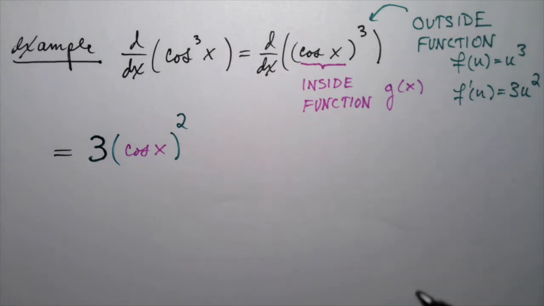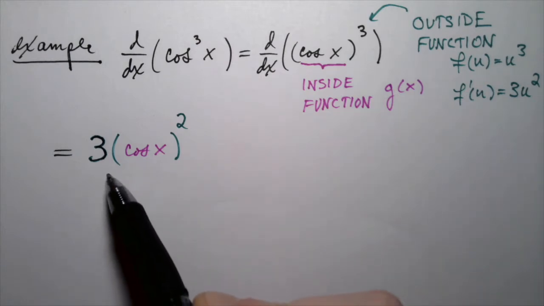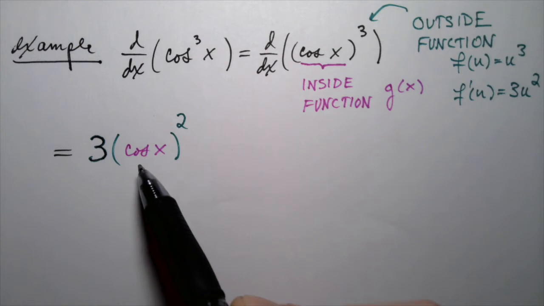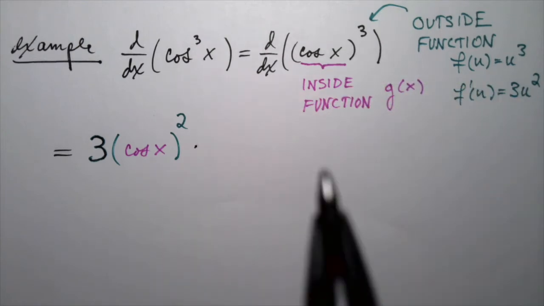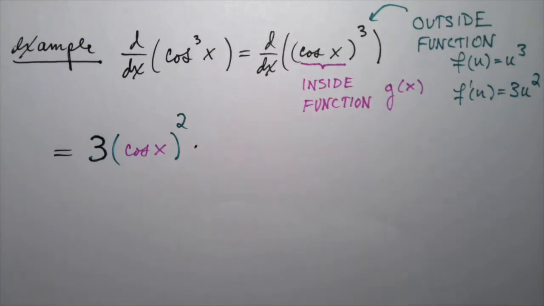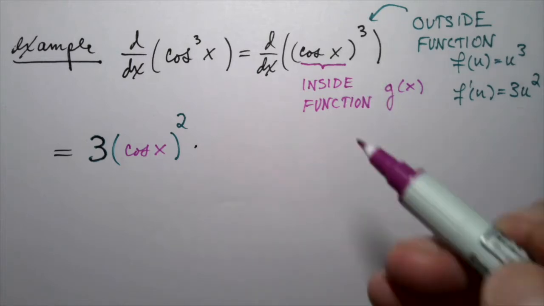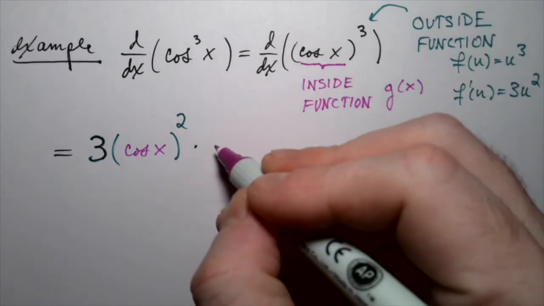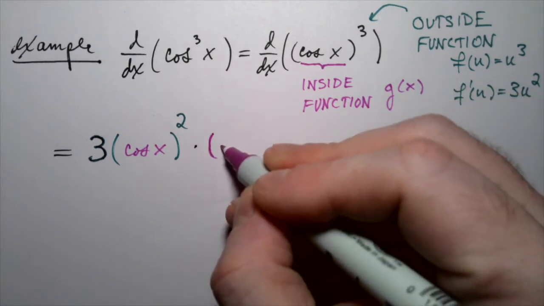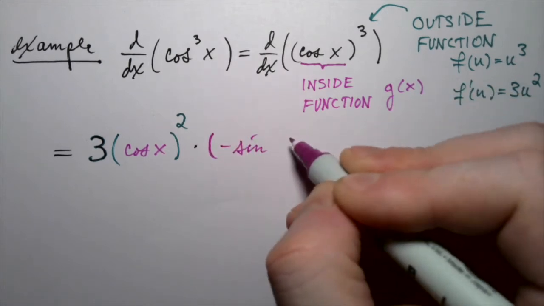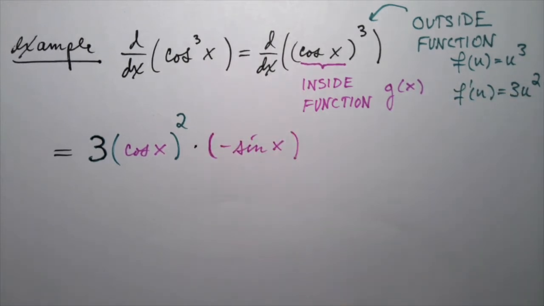So that's the outside function, its derivative evaluated at the inside function. And then I'm multiplying by the derivative of the inside function. What's the derivative of this inside function? It's just the derivative of cosine. That's minus sine of x.